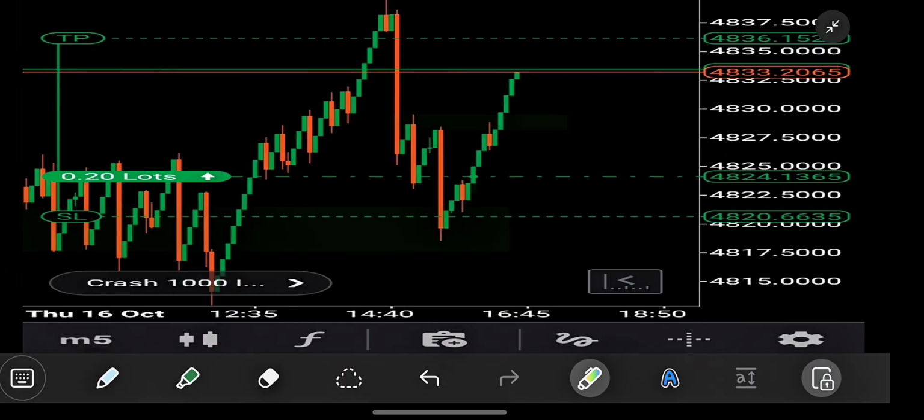Then I entered there and I had my stop loss just below there, which is a bit more aggressive because under normal circumstances the stop loss has to be around here. So I entered, stop loss is there. Then my take profit, I had it just below this supply zone that is right above there, because if I had left it at that supply zone, this trade was taken on the 5-minute chart.